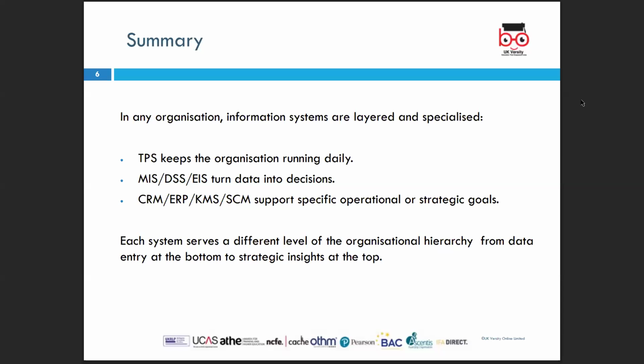So basically, to summarize this, in any organization, we know that information systems are key to the success of the business.